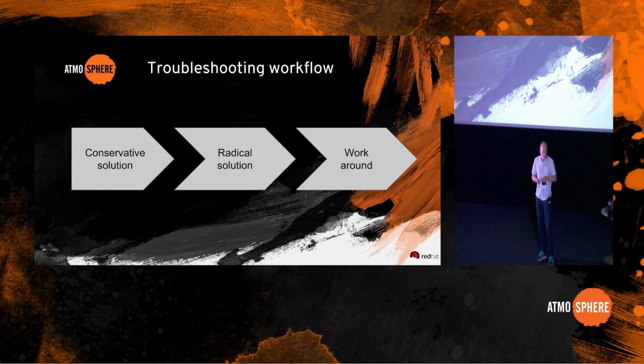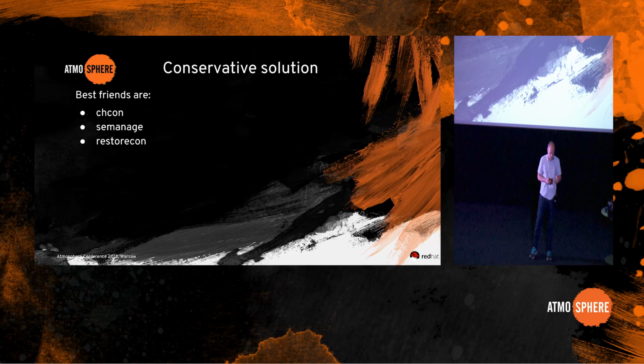So if we continue with the troubleshooting workflow, there are three more phases. There is something called the conservative solution. There is a radical solution, and if the radical solution doesn't help, you have to go to a workaround.